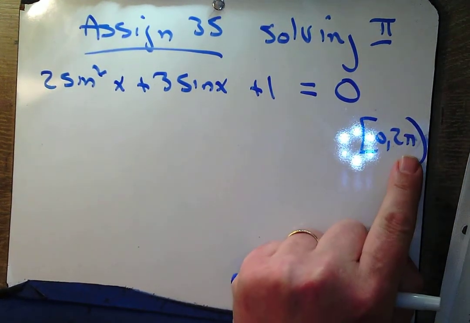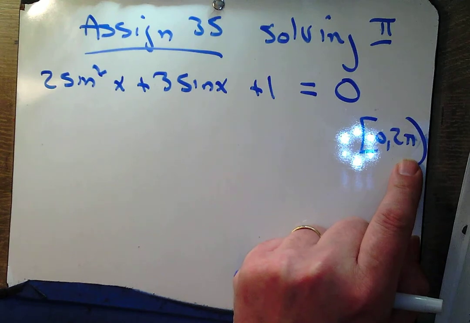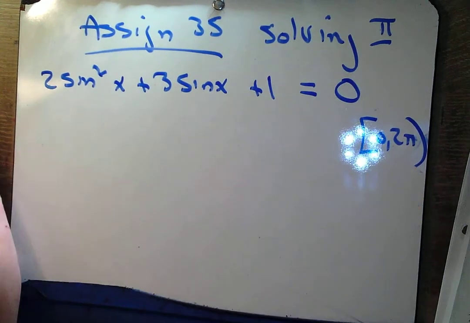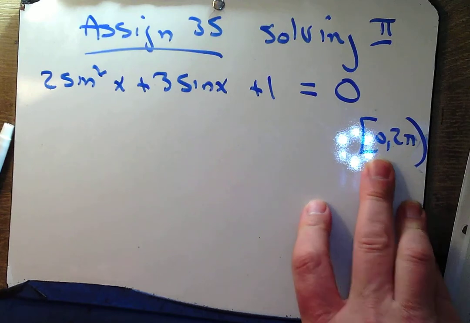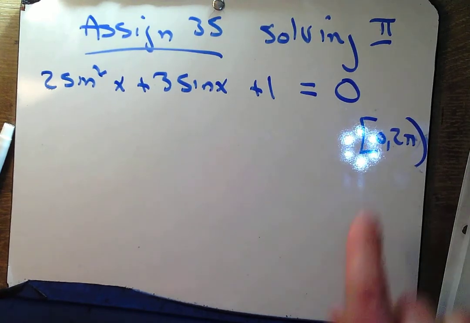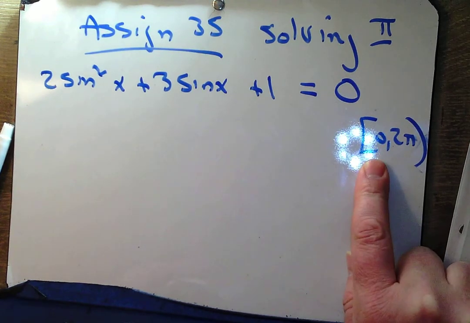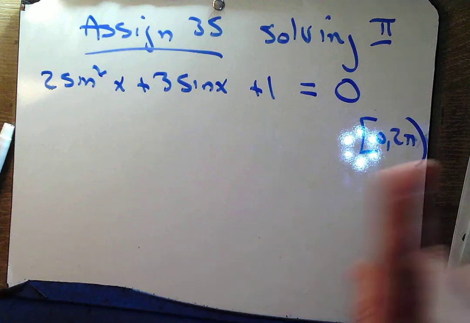Remember, the parenthesis means we don't include 2 pi, which means 2 pi should never be one of my answers. It's a really common mistake I see on the assessment for this unit, is that people include both 0 and 2 pi, or they don't include 0, but they do include 2 pi. No, this notation says with the bracket, 0 is included, and with the parenthesis, don't write down 2 pi.